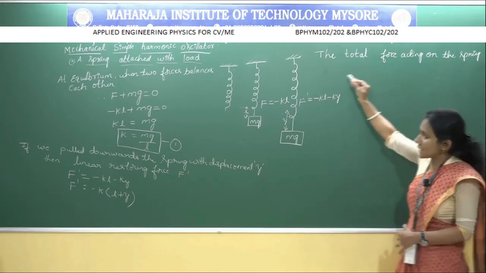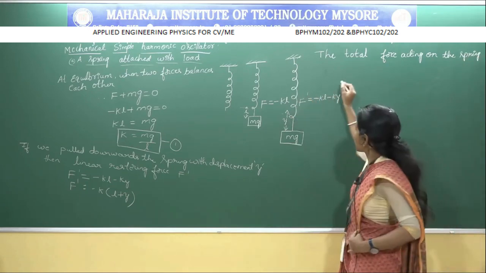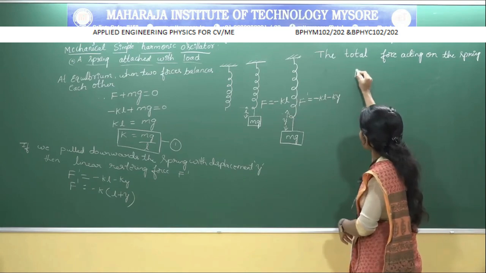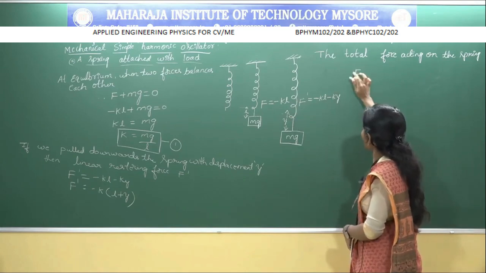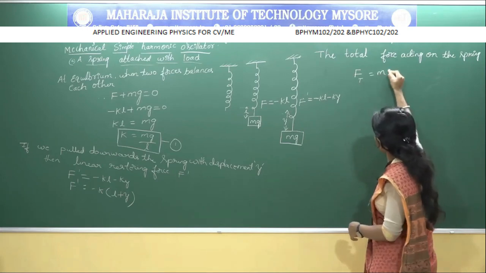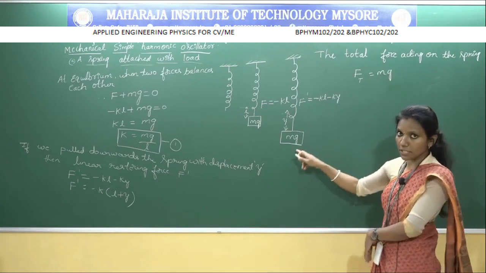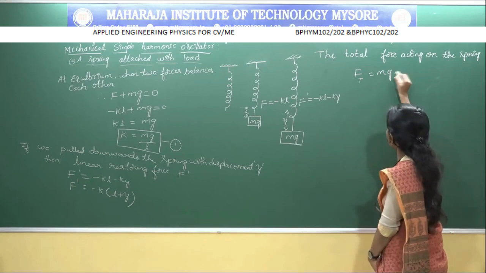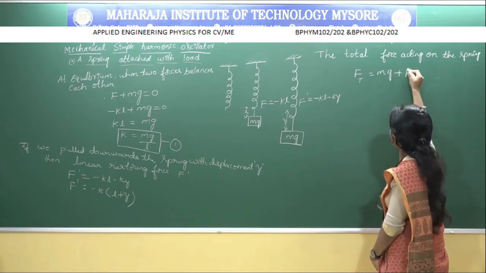The total force acting on the same spring, so Ft is equal to one due to the weight, that is mg, and the other, mg plus F dash.